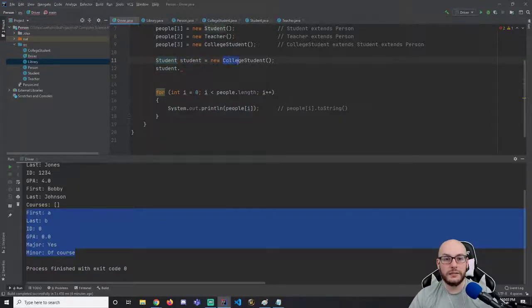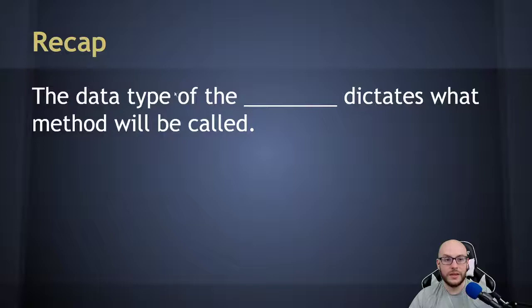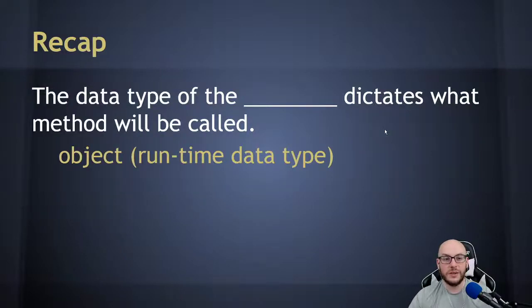The runtime data type is college student. You can think about it as the data type of the object itself, right? Variable, object. So the compile time data type dictates what we can call. The data type of the object dictates what method will be called.